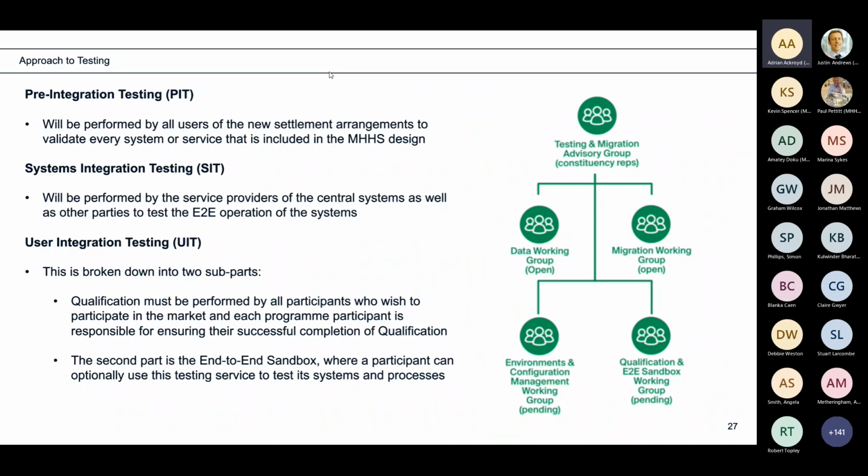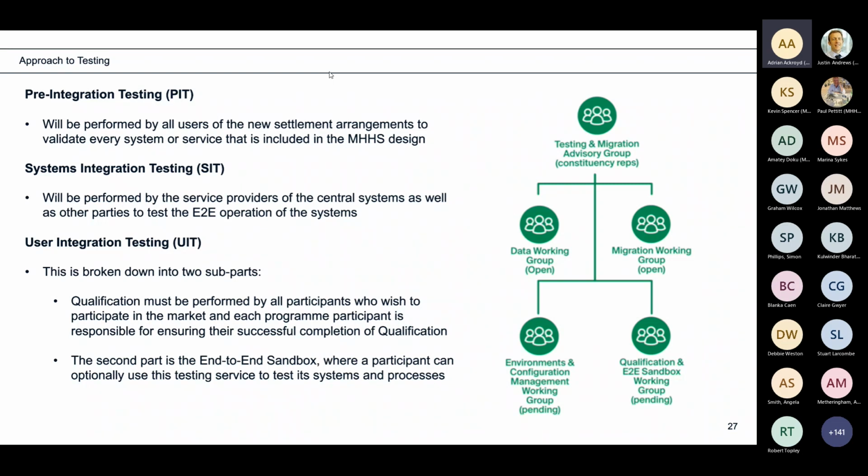So we incrementally add components till we get a working entity with regard to central systems, and then on top of that, we will be looking to engage with volunteer participants to do the actual SIT testing phase.